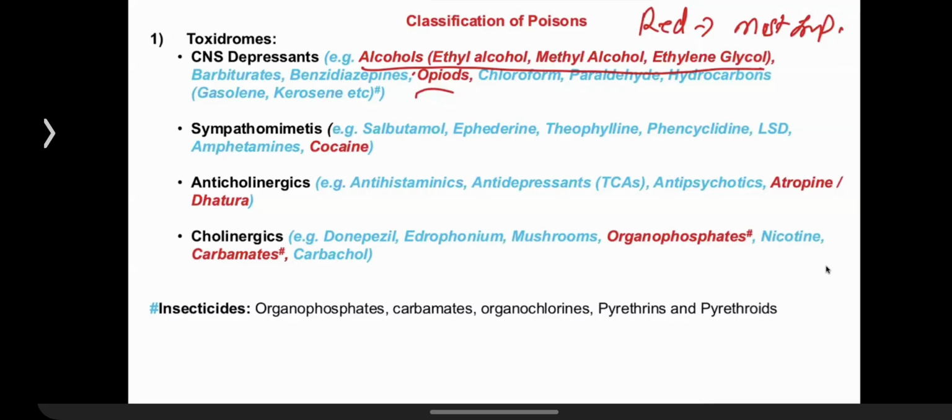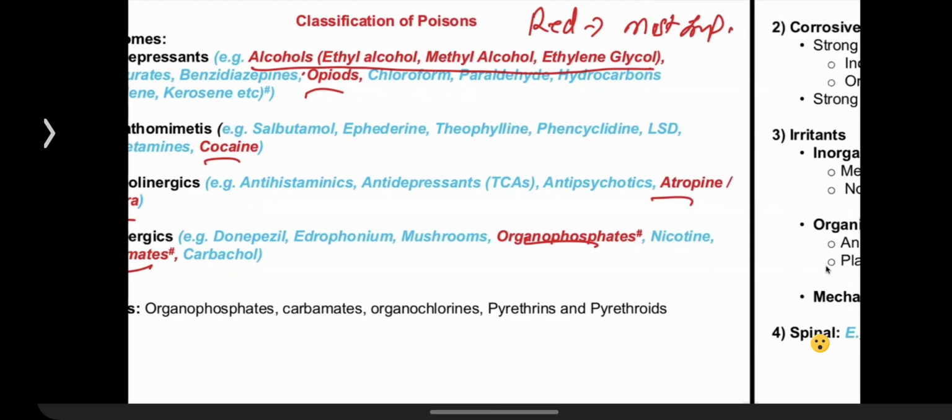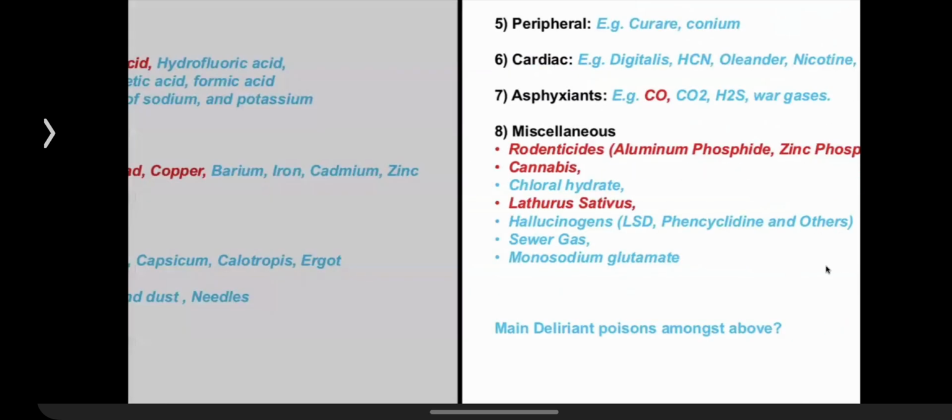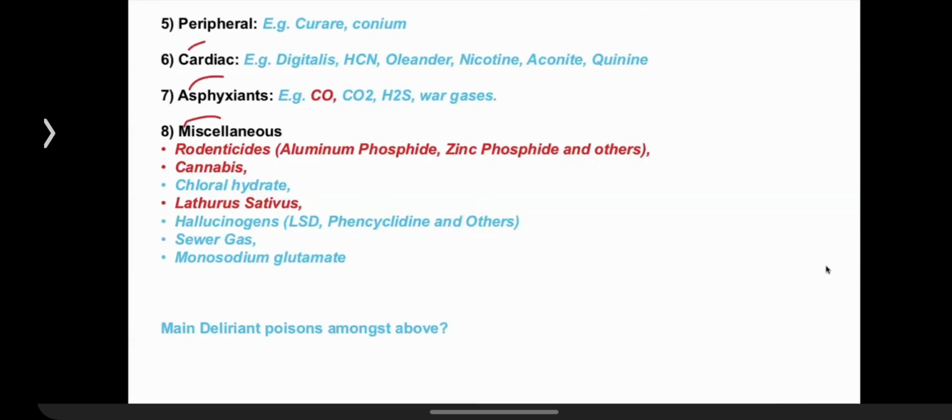So, red ones are the most important. Okay, so maximum focus in toxicology you should do for the commonly asked poisons. As toxicology is a vast topic, it will become easy if you focus on selected poisons. So corrosives, irritants, spinal poisons, peripheral cardiac asphyxiants.